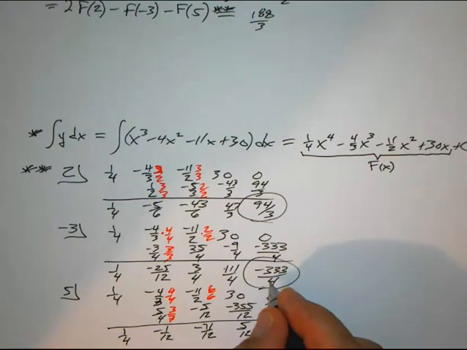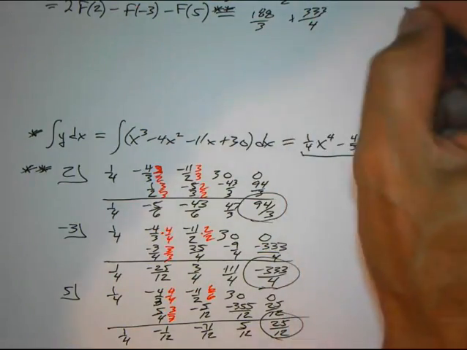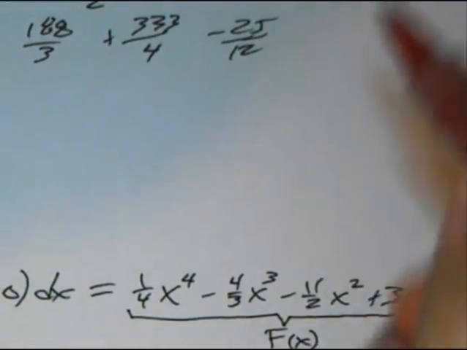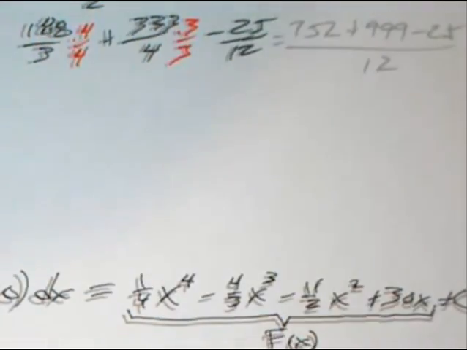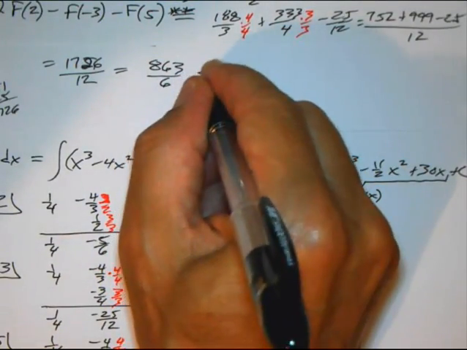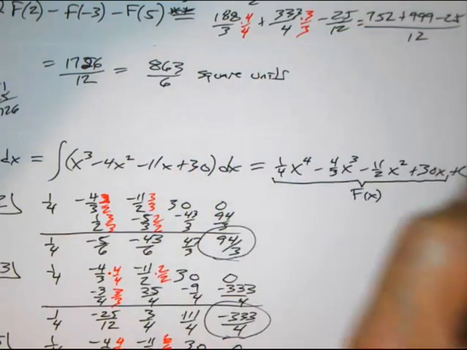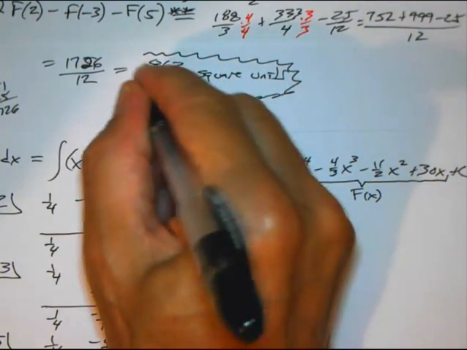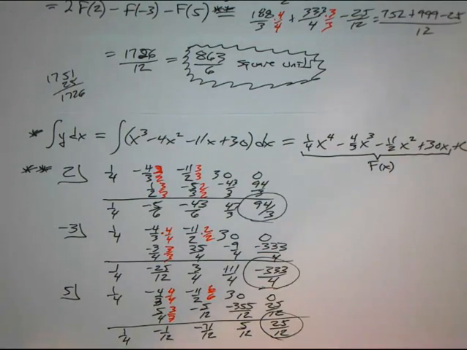That'll be then plus 333 over 4, minusing the F of 5, minusing 25 twelfths. Square units. Okay, so there's our calculus area.